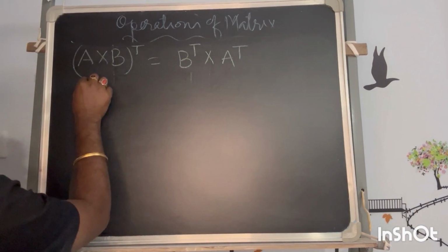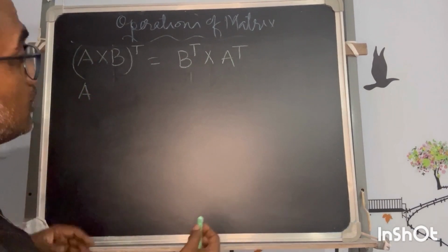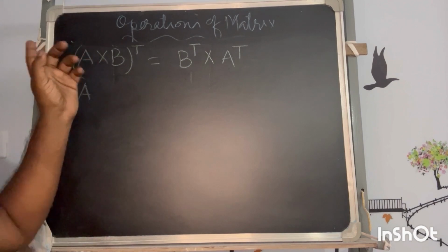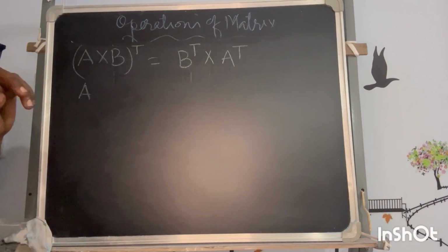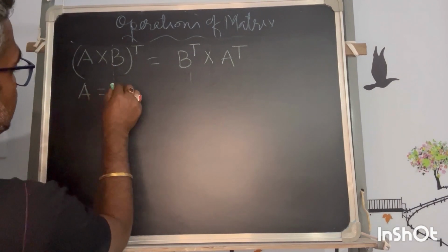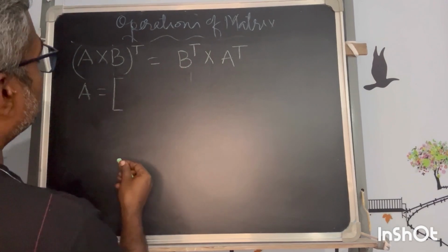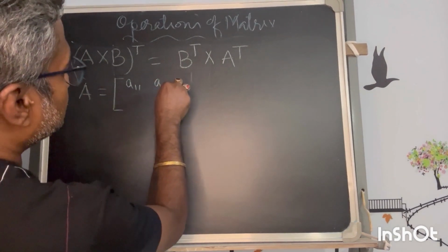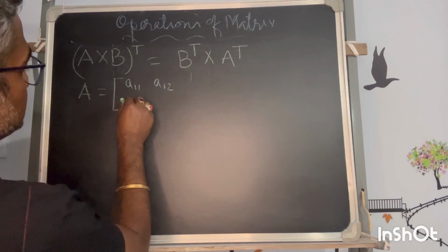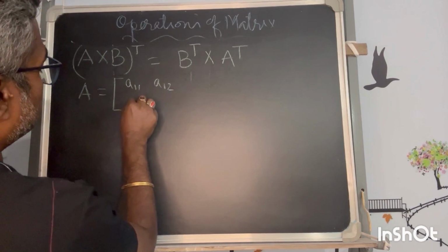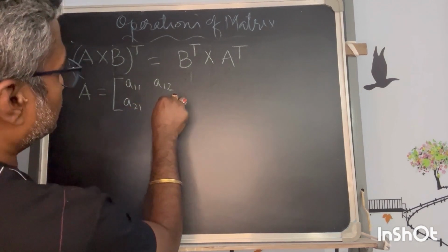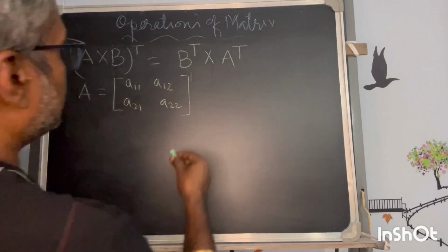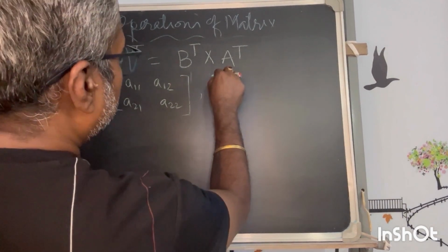For that, I will take a smaller matrix, of two different orders. Let's say A is taken as A11, A12 on one side, and A21 and A22 on the other. Let me confine it so it will be very easy to show the computation.